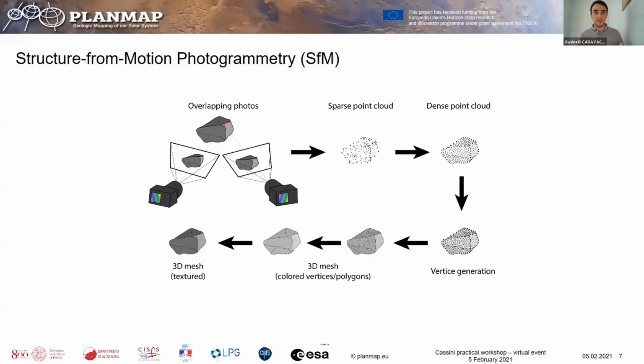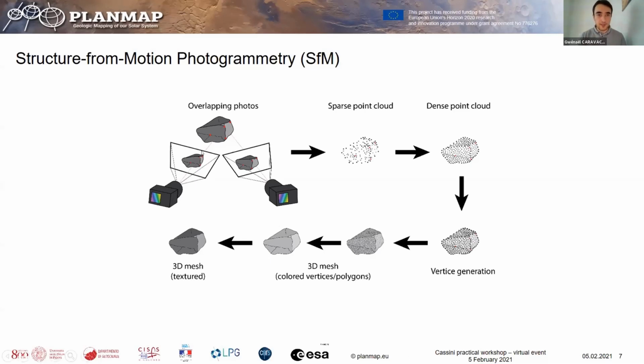It is very important that your photos overlap and cover a large area of the object you want to recreate in 3 dimensions, because structure from motion photogrammetry relies on an algorithm that will compute the place, in a 3D volume, of the different points of the object you are photographing.